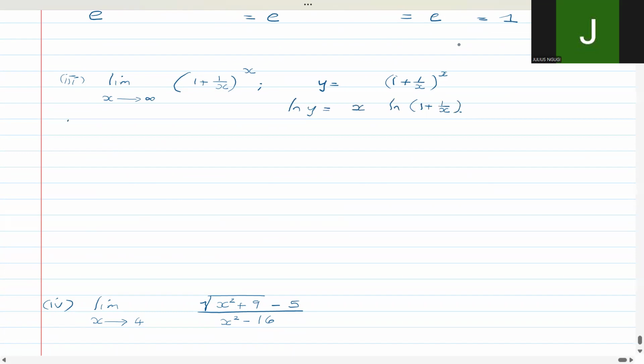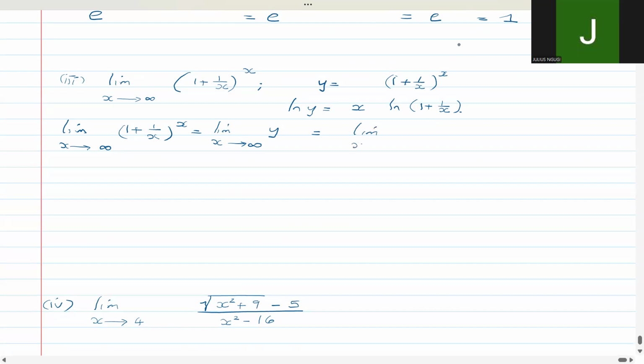Now, this one becomes the limit as x approaches infinity of (1 plus 1 over x) to the power x, which is the same as limit as x approaches infinity of y. And without changing it, we introduce the exponential, raised to the power of natural log.